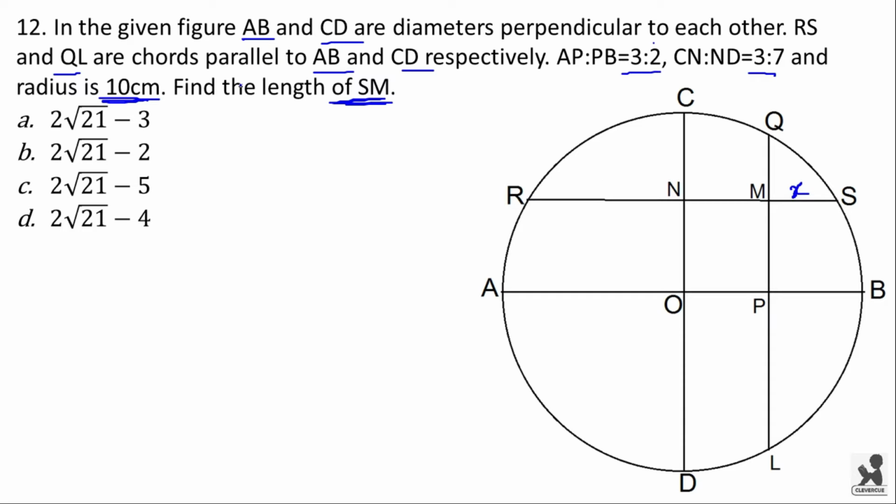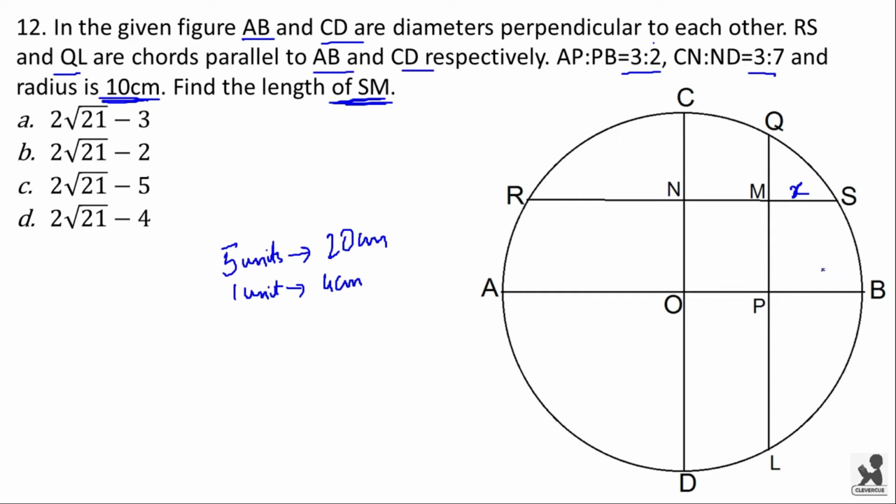Let us see over here. If the radius is 10 centimeters, the diameter will be 20 centimeters. Now AP is to PB is 3 is to 2. Now AB will be 5 units. 5 units will be the diameter and the diameter is 20 centimeters. Now 1 unit will be equal to 4 centimeters.